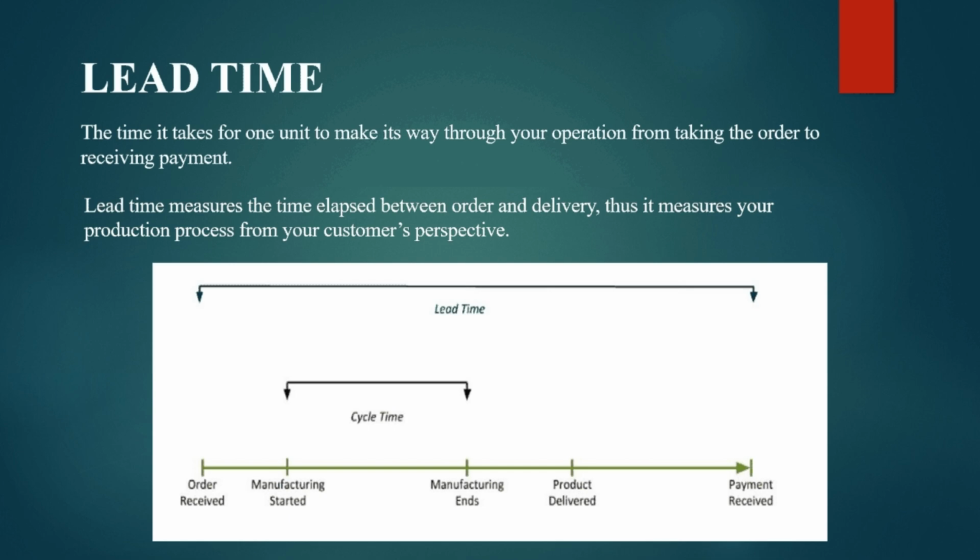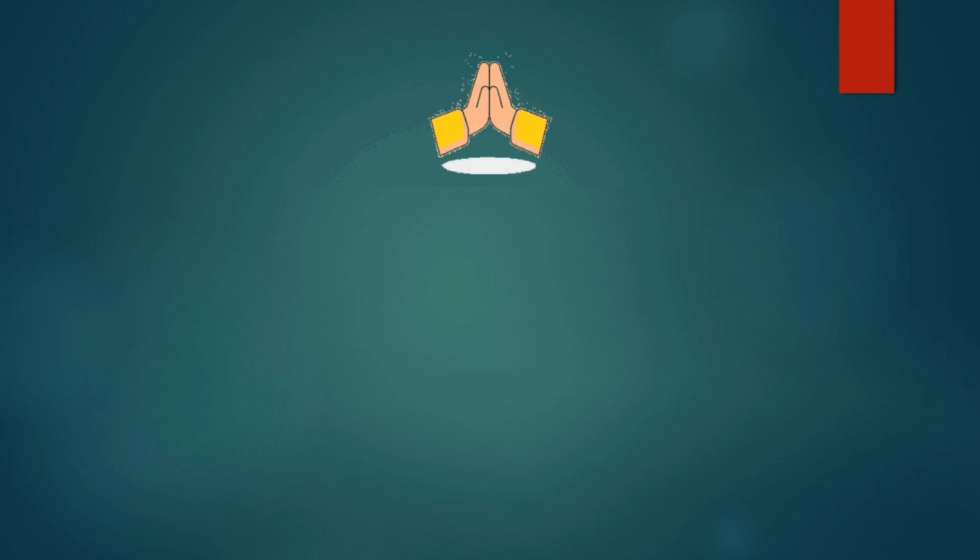So 4 days is the lead time for you to get the order and dispatch it, whereas your cycle time to make the product is only 1 day. That is the difference between cycle time and lead time. That concludes today's session, wherein we have discussed takt time, cycle time, lead time, the differences between them, the formulas, and the benefits to the organization.